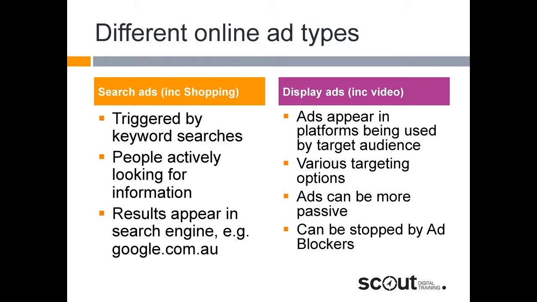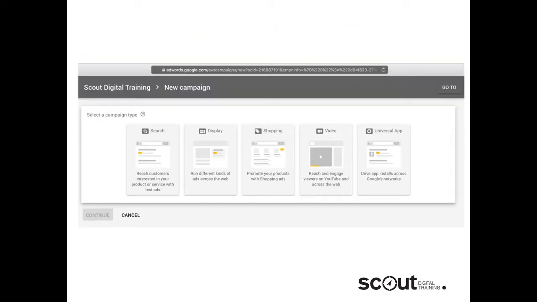Whereas with search ads, we're actually pulling people towards us because these are people who are already interested in what we have to offer and are already actively looking for information. So they're not necessarily searching for us, though they may be if we're using branded keywords, but it's really effective for when people may be searching for products or services that we offer and they don't know to come to us specifically, and we can make sure we appear in the right place at the right time.